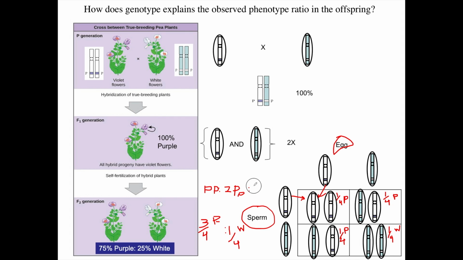And then we have one here, little p, little p. And these are ratios, they're not absolute numbers. So that's 1 out of 4. That's 2 out of 4. And that is 1 out of 4.